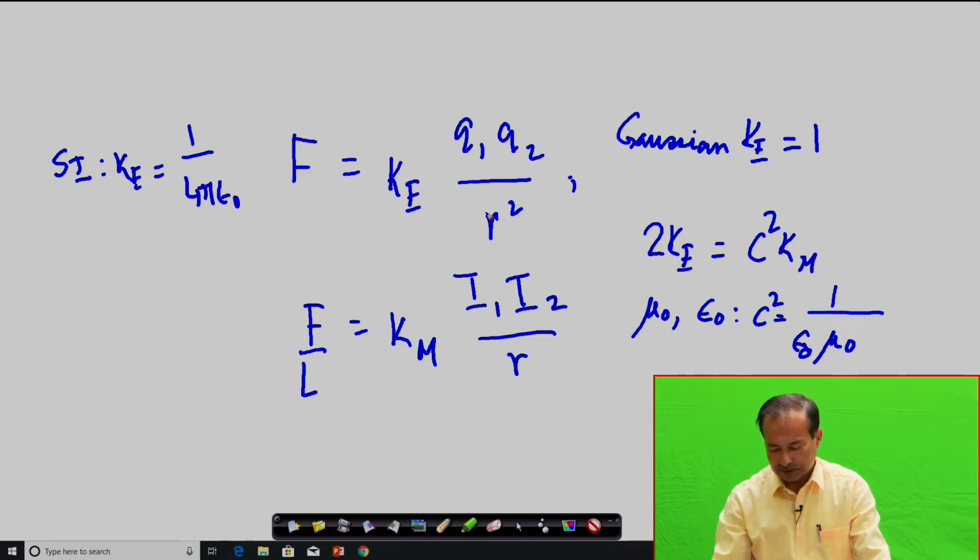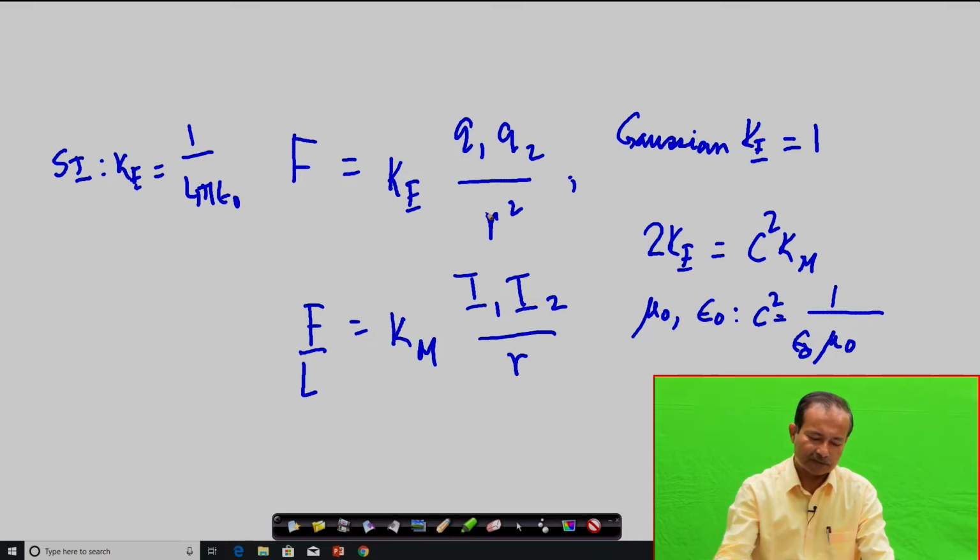So, the charge in Gaussian and the charge in MKS or in SI have different dimensions, but that is not a problem. All you need to know is that this 1 by 4 pi epsilon naught in Coulomb's law, in the sense that this is the force between two charges, takes care of everything.